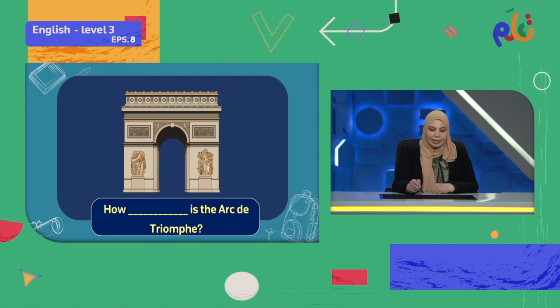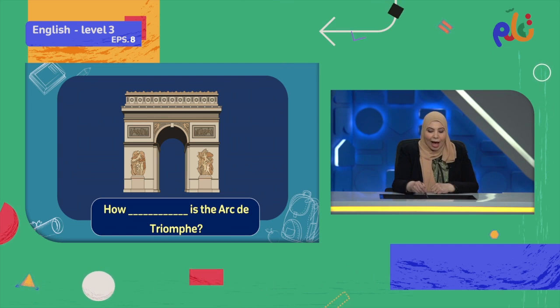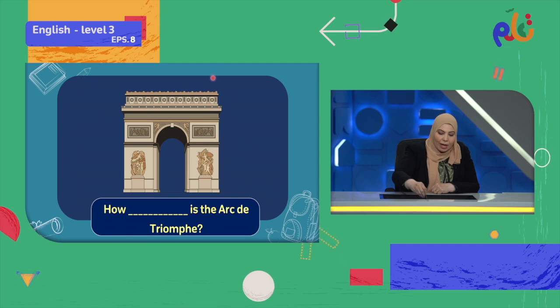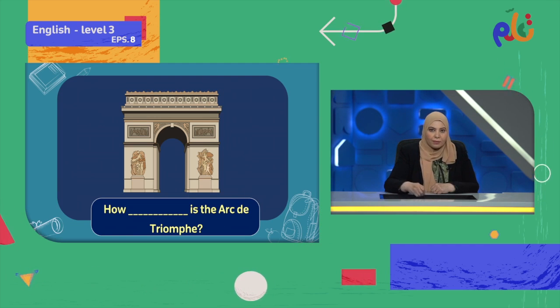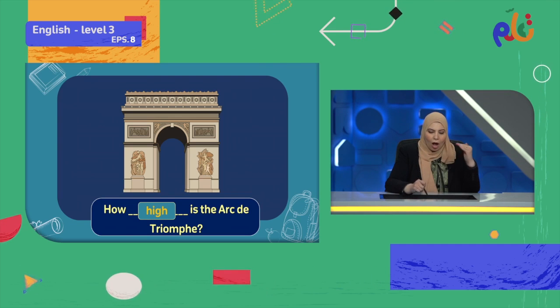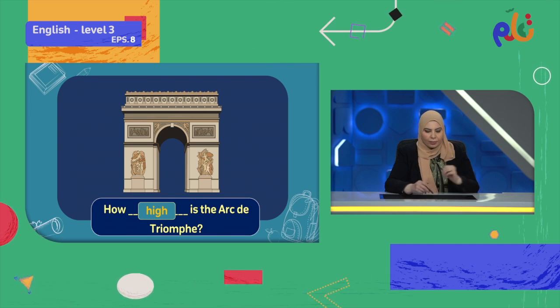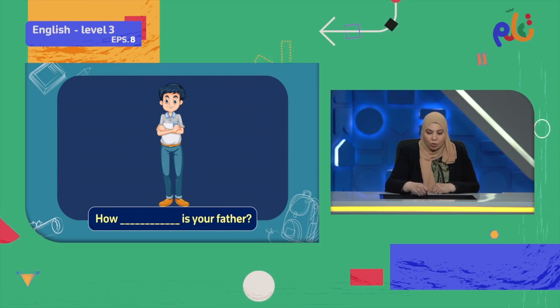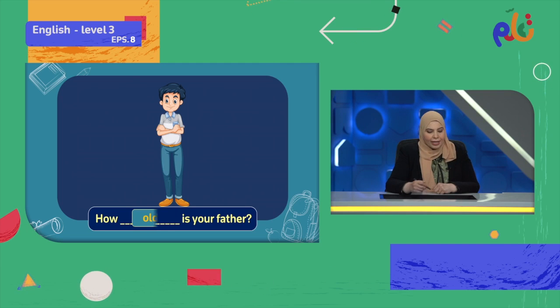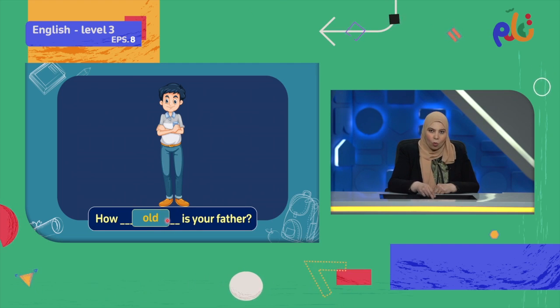So look at this and try to complete. How, if I want to ask about the Arc of Triomphe, how high is the arc? Or if I am asking about a person and I want to ask about his age, I can say, how old is your father?